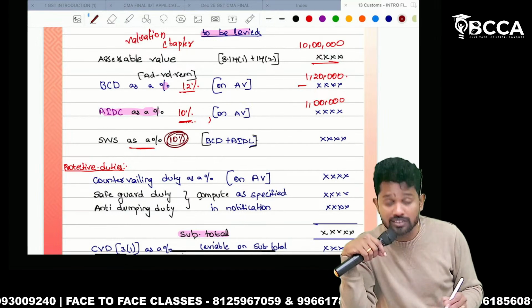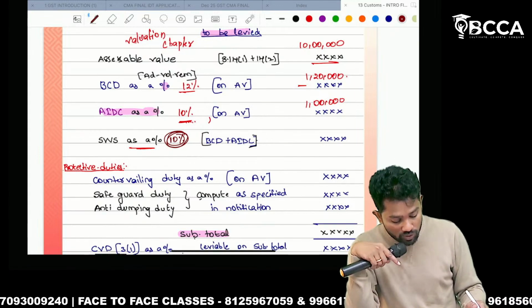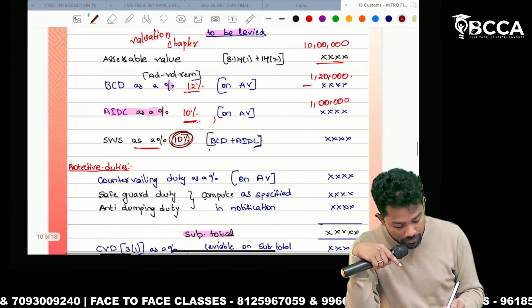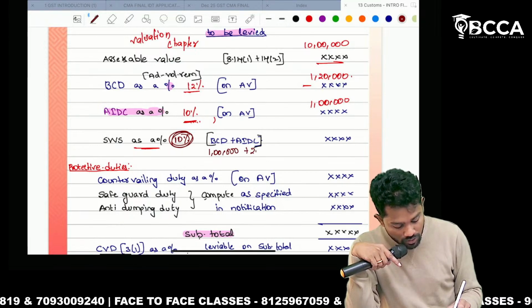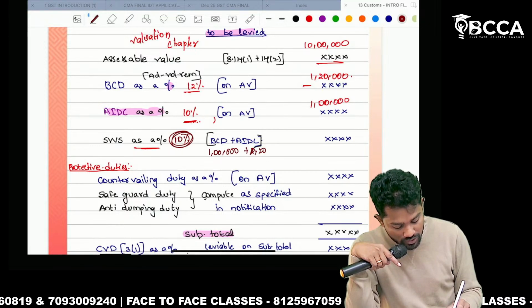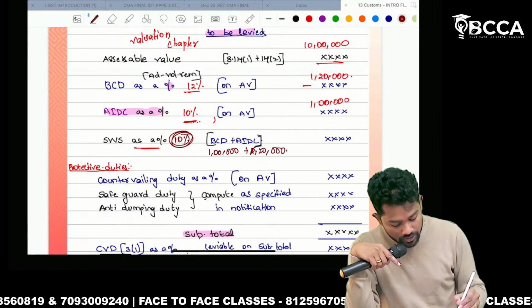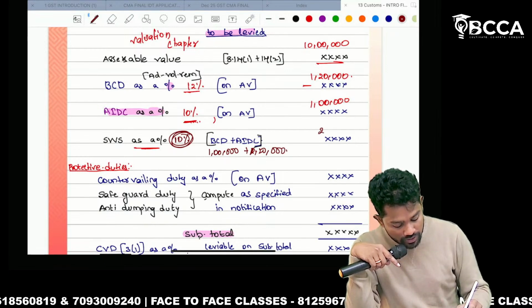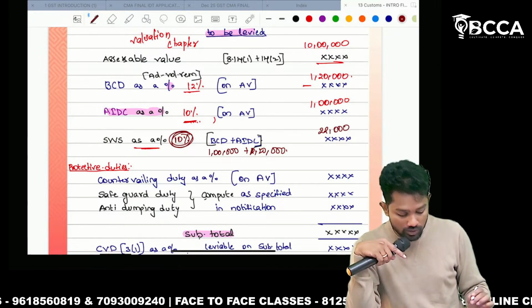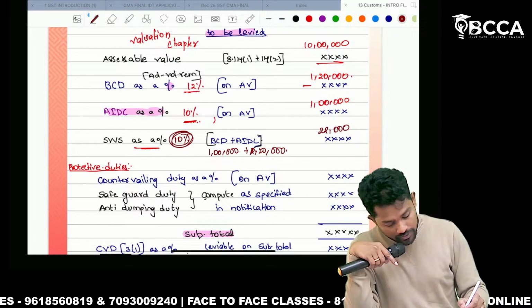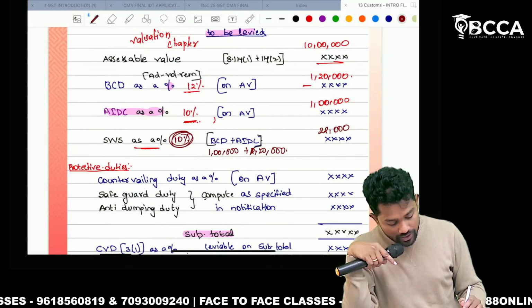By default SWS is 10%, on BCD plus AIDC, I mean 1 lakh plus 1,20,000. On 2,20,000 you need to levy SWS. So 2,20,000 into 10% comes to 22,000. Okay. 1,20,000, 1 lakh and then 22,000.